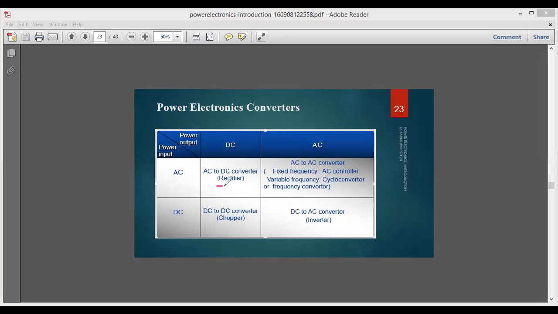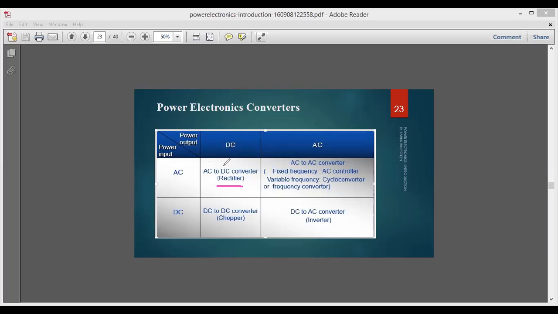The name of that converter is rectifier. We already studied in the basics that a rectifier is an electronic or semiconductor device which converts AC to pulsating DC. This is the basic definition of the rectifier.